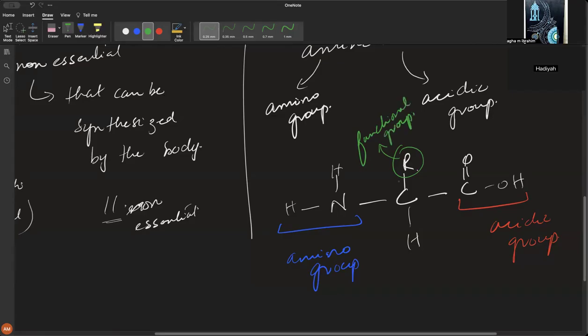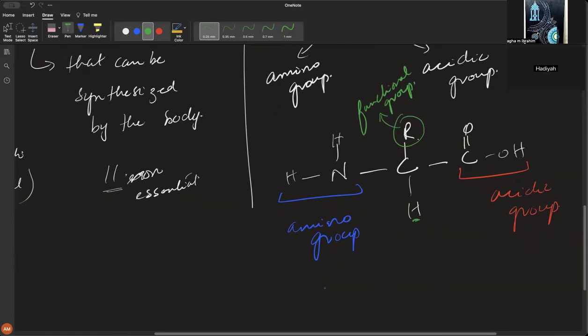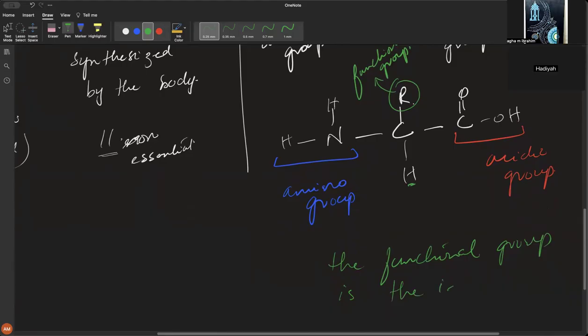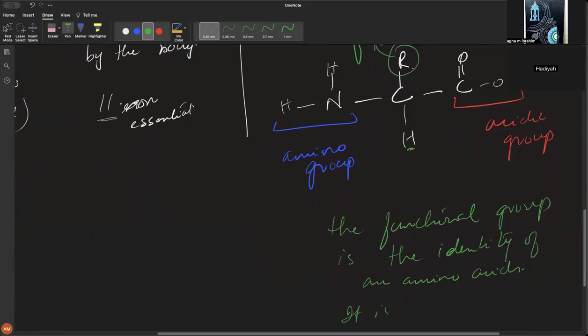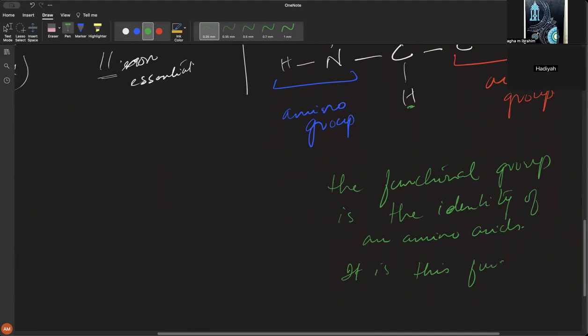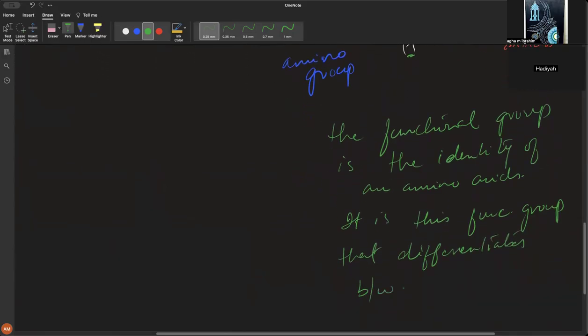Functional group, a very essential name. This is generally hydrogen. This functional group can be anywhere. The functional group is the identity of an amino acid. It is this functional group that differentiates between these 20 amino acids.